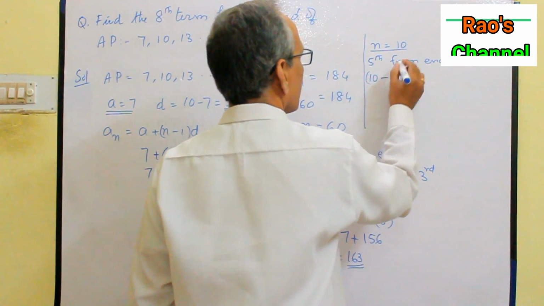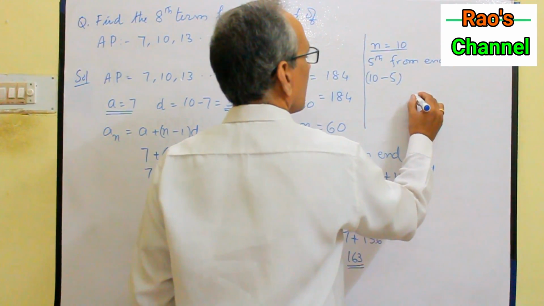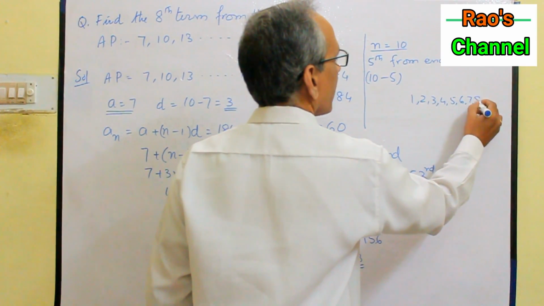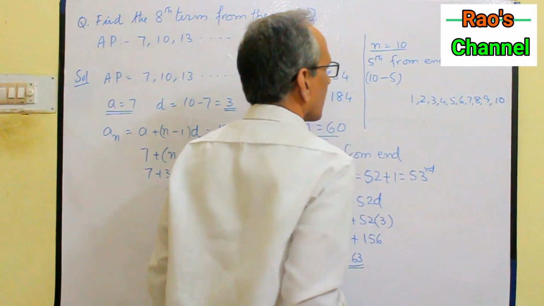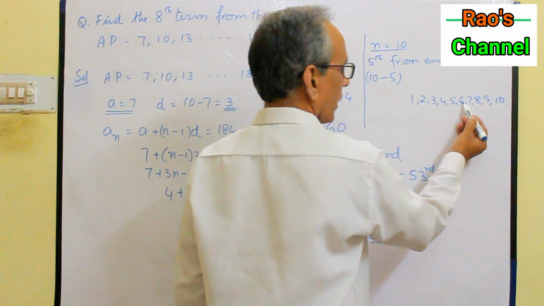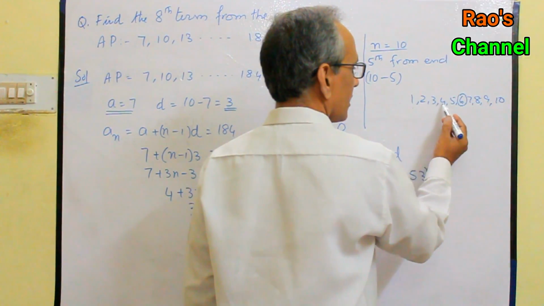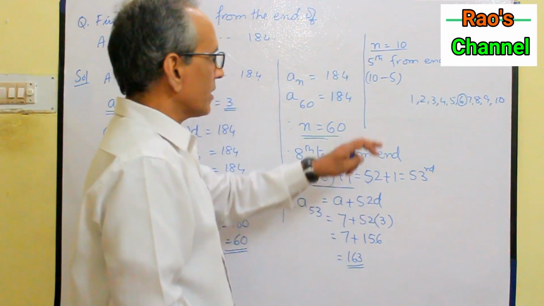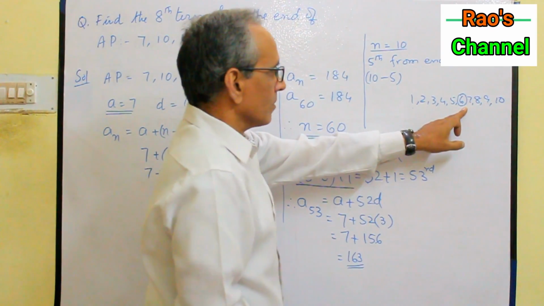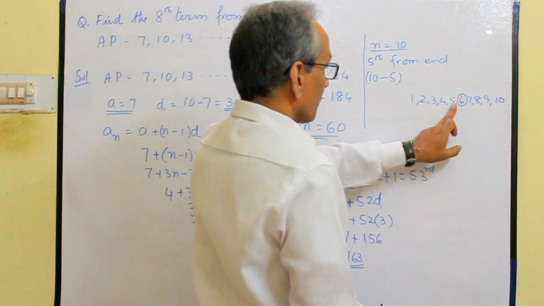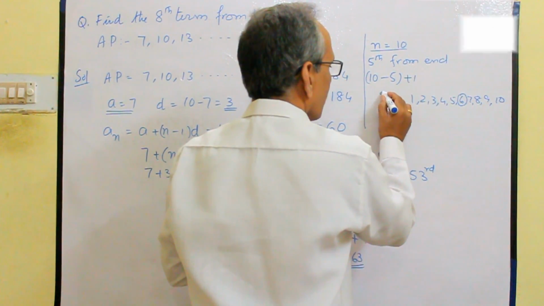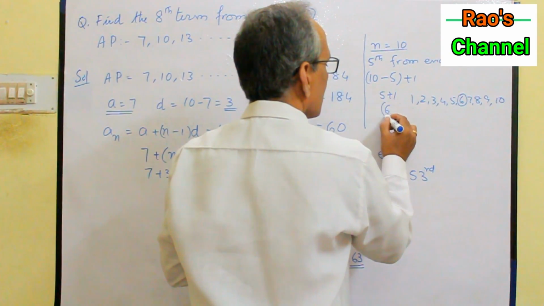So let's simply write the numbers here. 1, 2, 3, 4, 5, 6, 7, 8, 9, 10. Okay, the fifth term from the end. Counting from the end, 5 is the fifth term, and it is the sixth term from the beginning. So if I subtract 5 from n, I get the fifth term, but I want the sixth term, so I have to add 1. So the result is 5 plus 1, that is the sixth term.